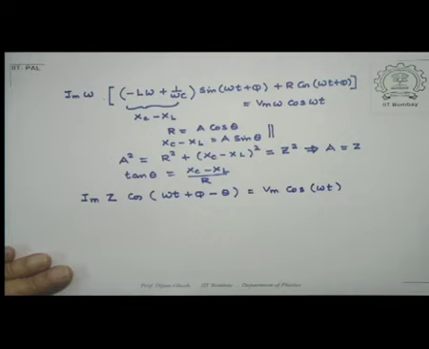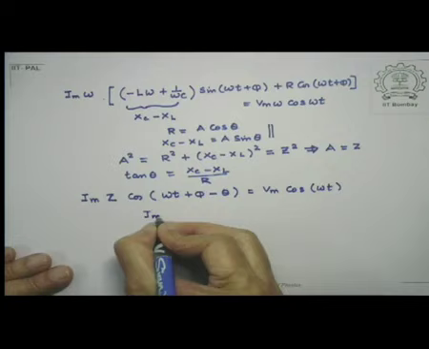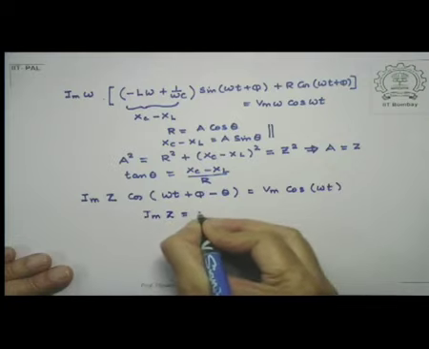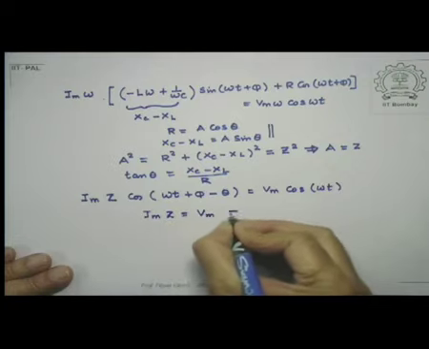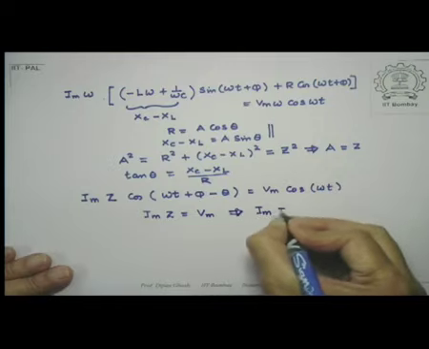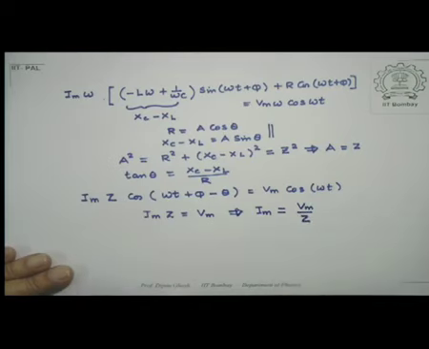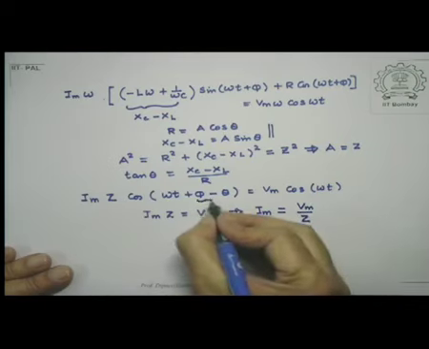Now if you compare the two sides of this expression, what I get is Im times Z is equal to Vm, which tells me that the maximum current, or the current amplitude, is given by Vm divided by Z, and this theta is simply equal to phi.